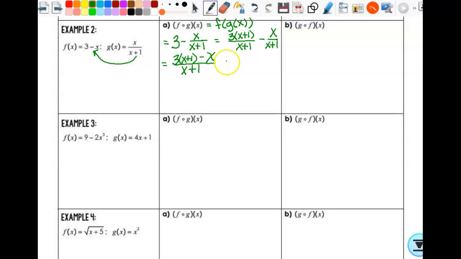So now I'm going to clean that up a little bit. In the numerator, I'm going to distribute that 3, so I get 3x plus 3 minus x over x plus 1. That gives me 2x plus 3 over x plus 1. Can I reduce that at all?